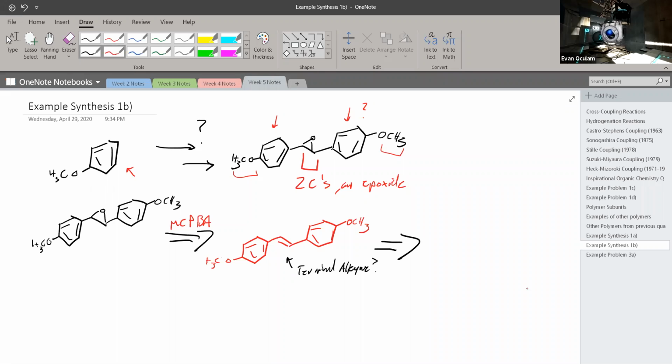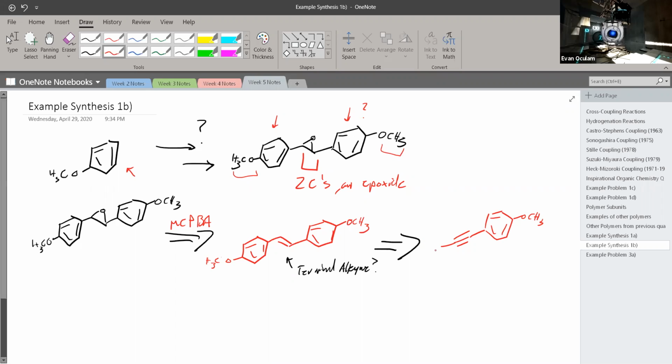Now, that might seem unintuitive, right? So it might have come from some alkyne that looks like this. Can't draw. Let me just redraw that.